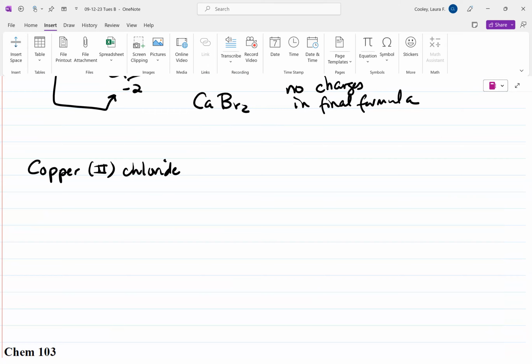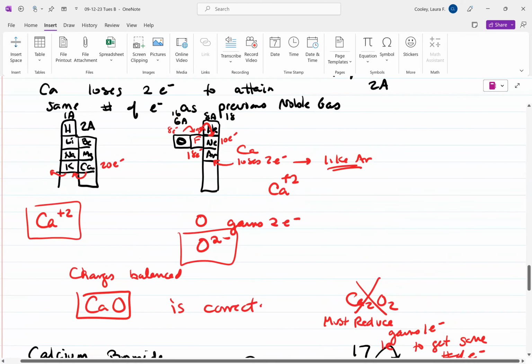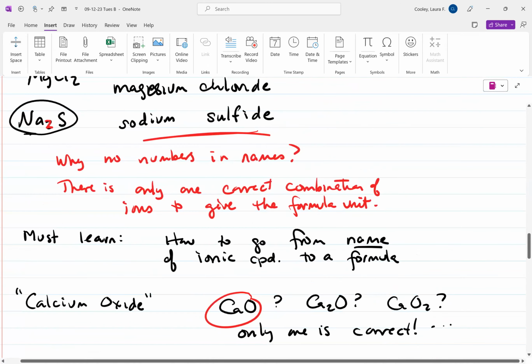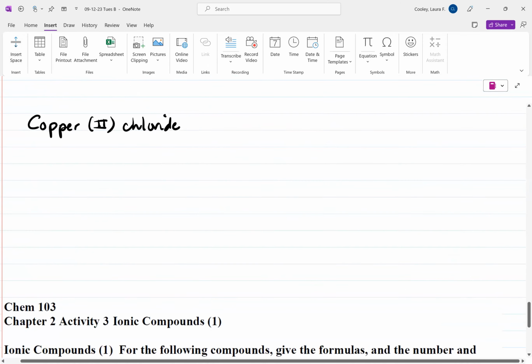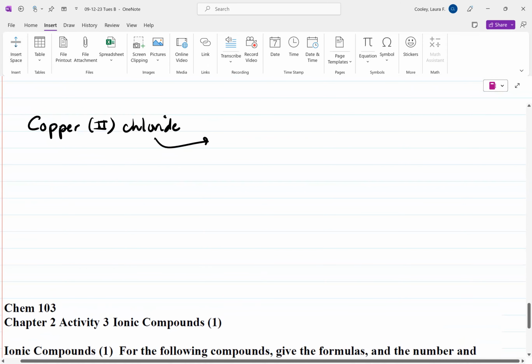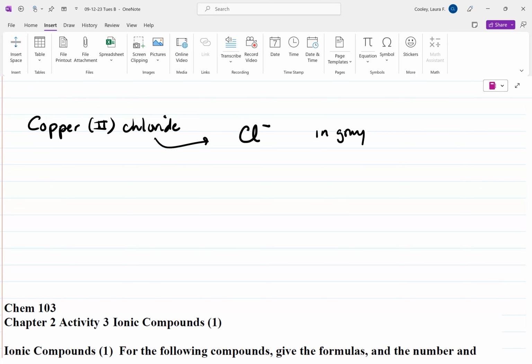Okay, I think we talked about chloride, right? Well, chloride is right there, and chloride is Cl minus. It's in group 7A. It only needs 1 electron to be like the next noble gas.